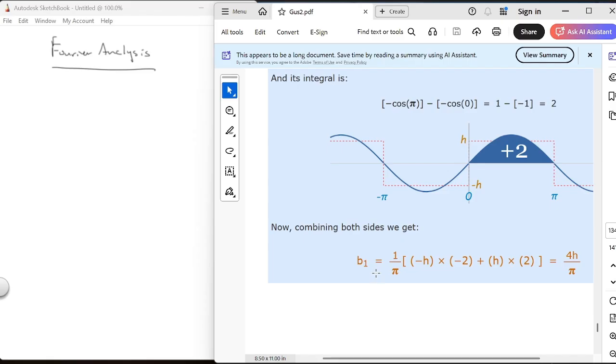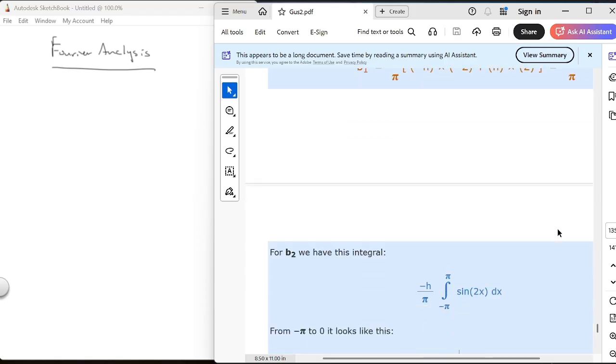So if you want to find what those numbers are for that square wave, it's 4h over pi, where h is the height of the square wave. So as you go up, it's 4h over pi for the first one.